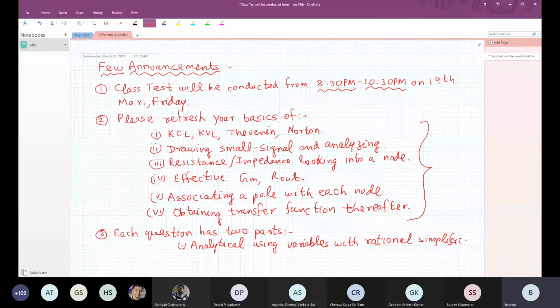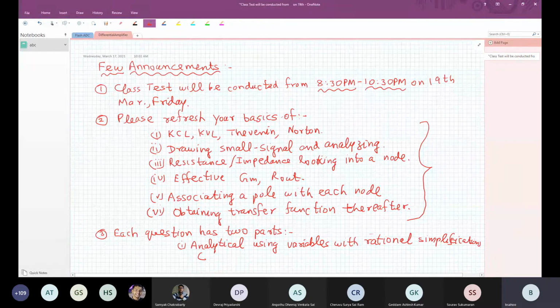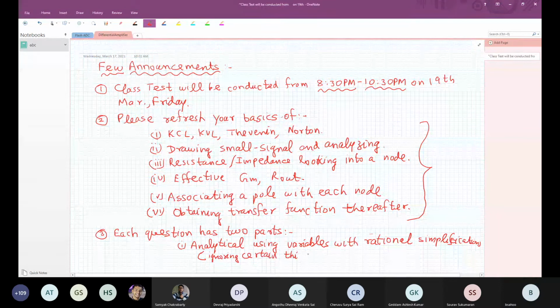Okay, what does rational simplification mean? Ignoring certain terms. Why do you ignore certain terms? Ignoring certain things with rational approximations, with proper rationale. Okay, that is there. Analytical.